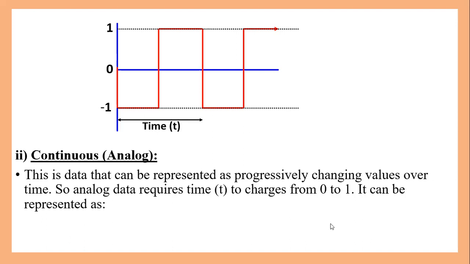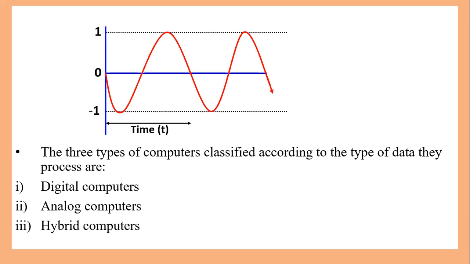So analog data requires time to change from 0 to 1, and it can be represented as follows. That is a continuous wave, or a continuous signal, as you can see.